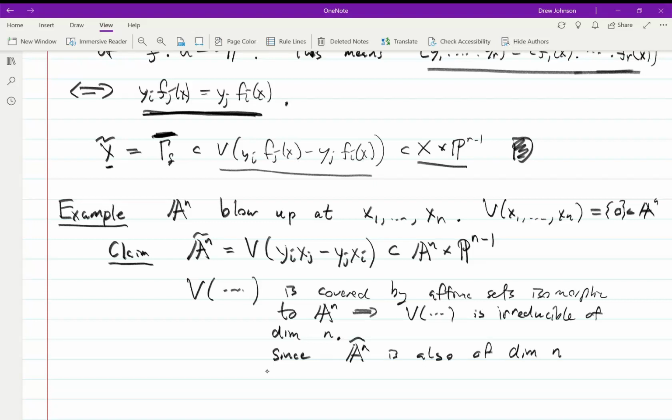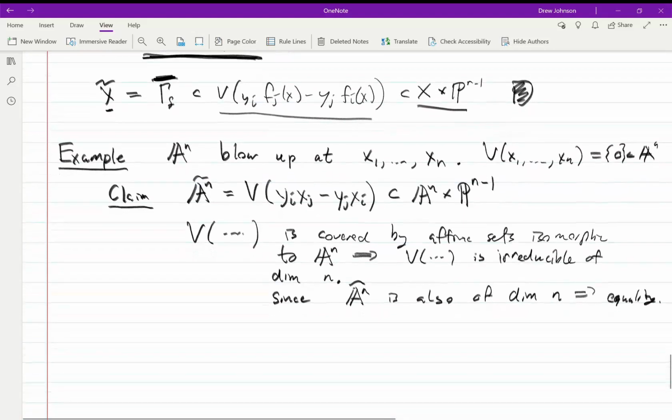Right, so this blow up is of dimension n, and by the previous lemma, it's a closed subset of this vanishing locus. So that implies that you get equality. All right, so I'll leave you to read the details.